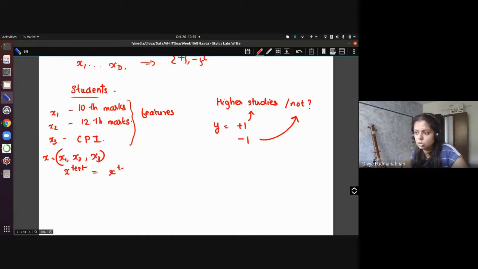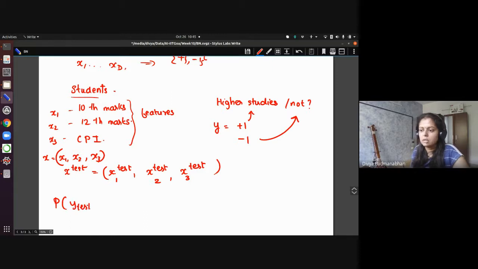So x test 1, feature 1, which is the 10th marks, then x test 2, which is the 12th marks, and x test 3, which is the CPI of the student. So what I will have to tell is what is going to be the value of y test, given x test.